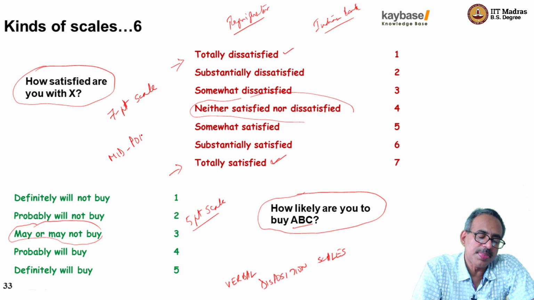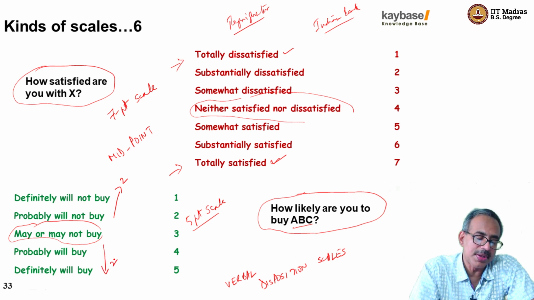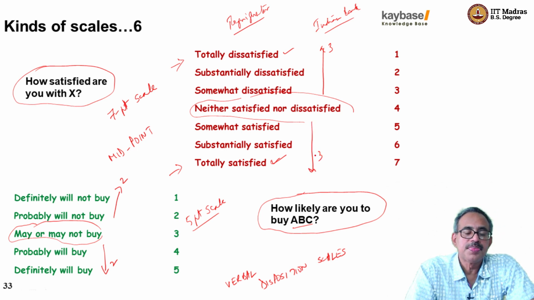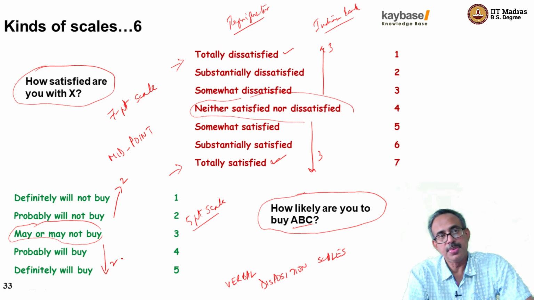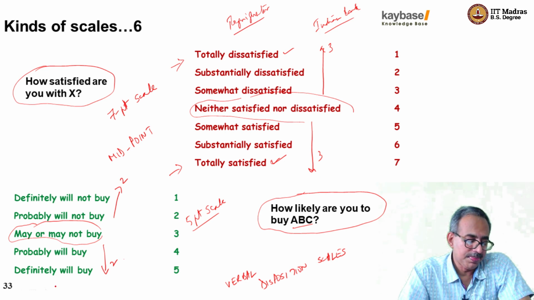Both the scales have a midpoint. And here there are 2 on this side, there are 2 on this side. Here there are 3 on this side, and there are 3 on this side. Remember these things. 3 negative points, 1 middle point, 3 positive points. 2 negative points, 1 middle point, 2 positive points. Just remember this. Okay, well, let's go forward.